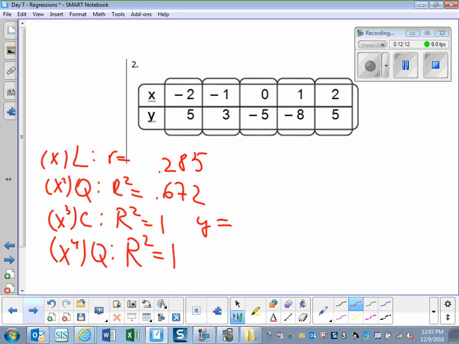A for cubic. Did we estimate the cubic model? 1.8. 1 point what? 8.3. Let's stop there. So x to the power of 3 plus what is B? 2.5. 2.5 what? We always round.